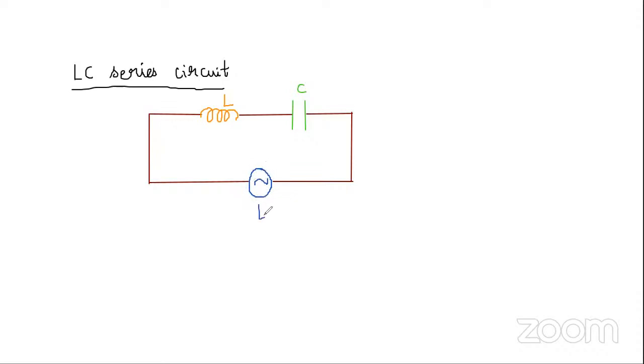So this is E. Now the potential drop across this inductor coil is VL, and across this capacitor it is VC.